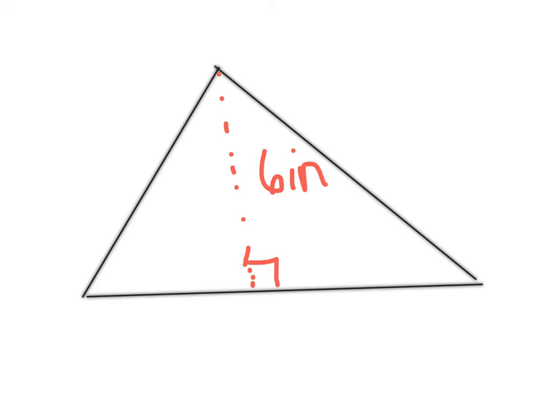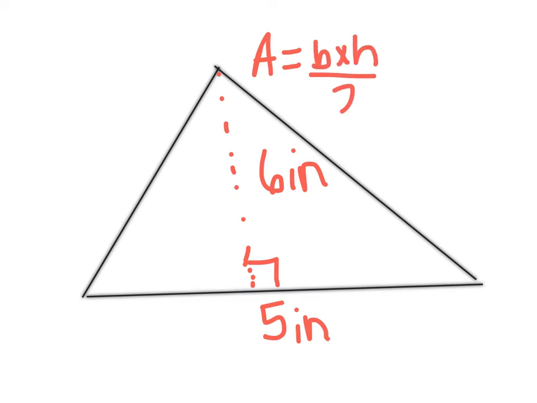And over here we have a base of the triangle of 5 inches. Oh, that's kind of like the one we did at the beginning. So in this one we're just going to use that formula of the area of a triangle, base times height divided by 2, or 1/2 times base times height. And we're going to plug and chug.